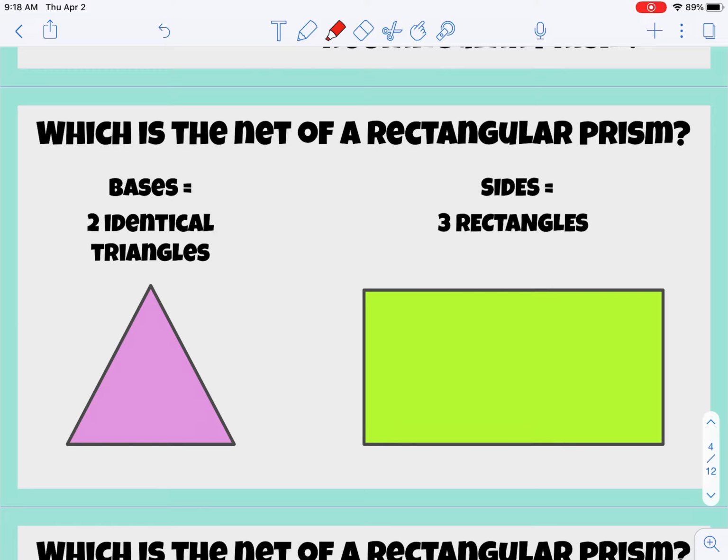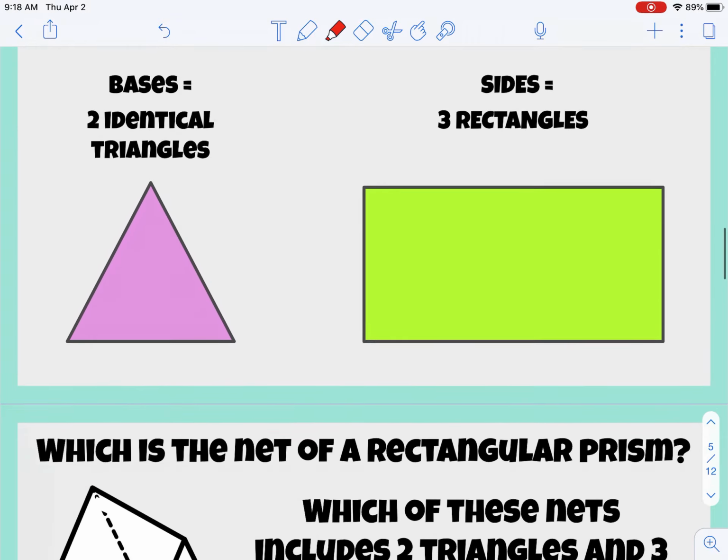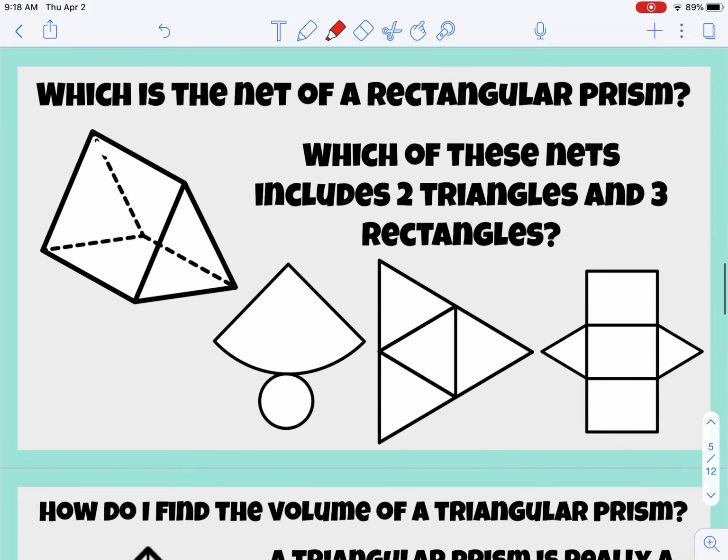So we know that a triangular prism should have 2 bases, and they're 2 identical triangles. We can't have 2 different triangles because our shape would not form a triangular prism. We also have 3 sides that are rectangles. So when we look at these nets, we're looking for 2 identical triangles and 3 rectangles.